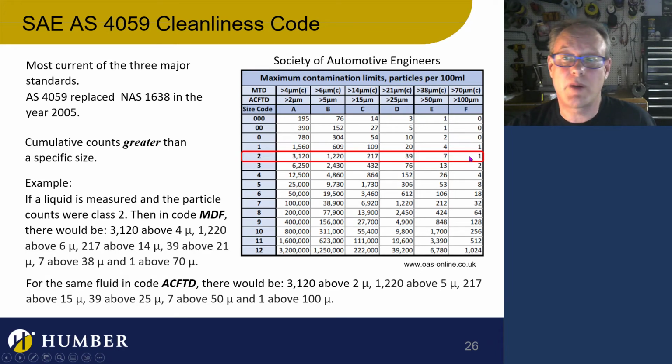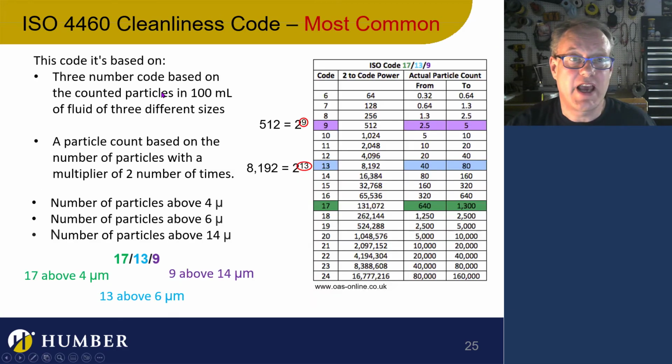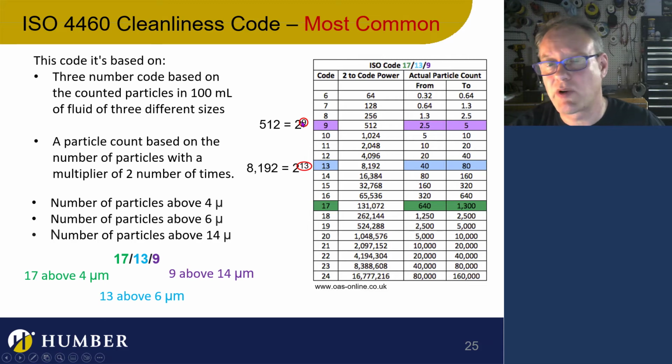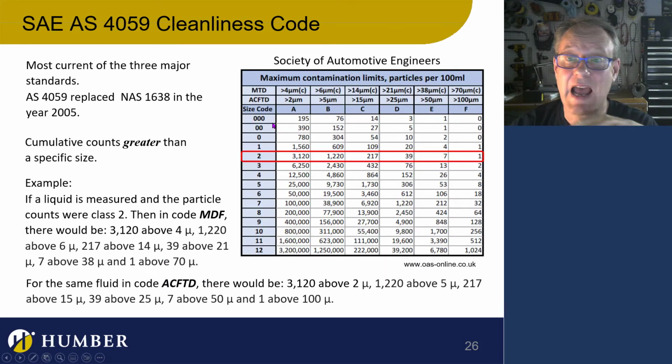And 1 particulate greater than 100. So this is looking at the actual number of particulates. It's not like ISO where you're using the exponent base 2. It's actually the number of actual particulates.